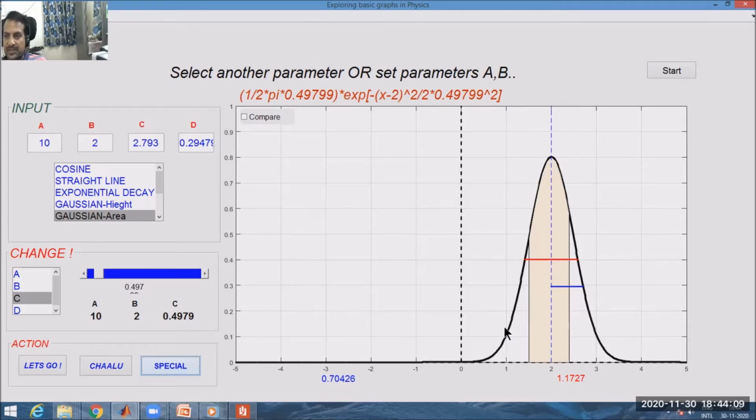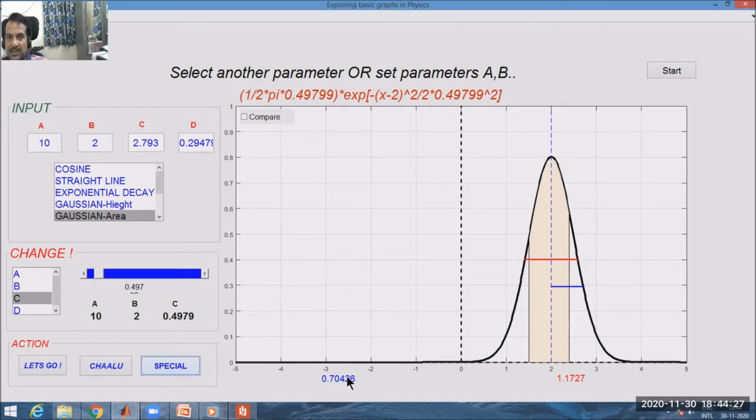Now in this visualization, we can see three parameters which are marked. One is this. This width is the same as what we defined for Gaussian height. So this happens to be 0.70, the width of the Gaussian which we have defined till now.